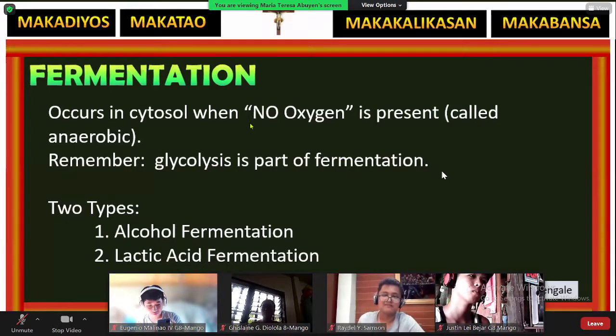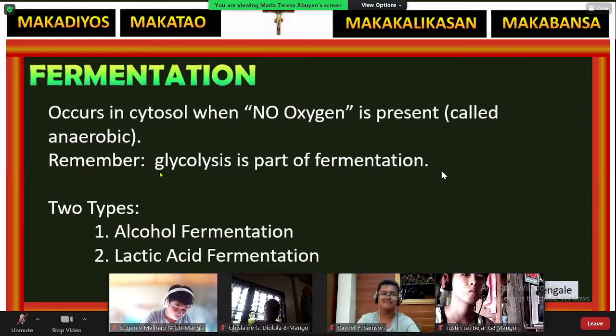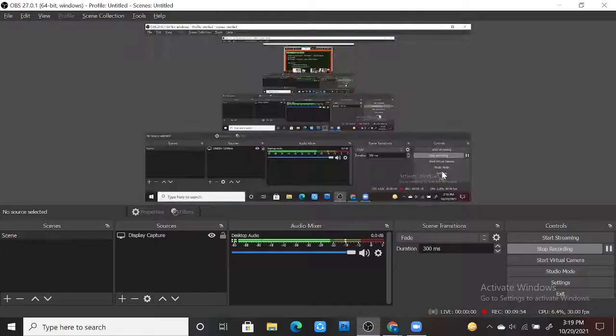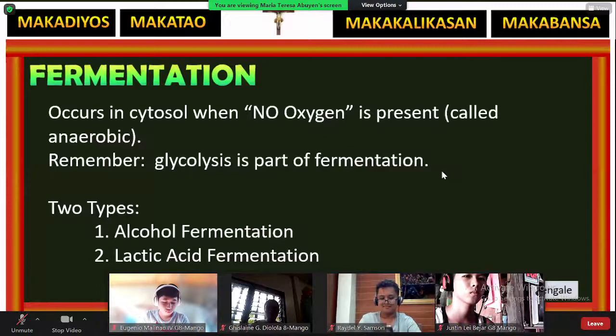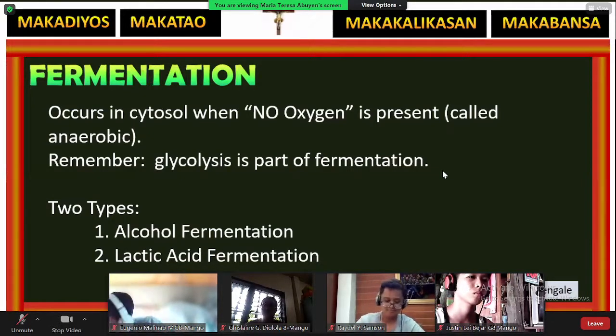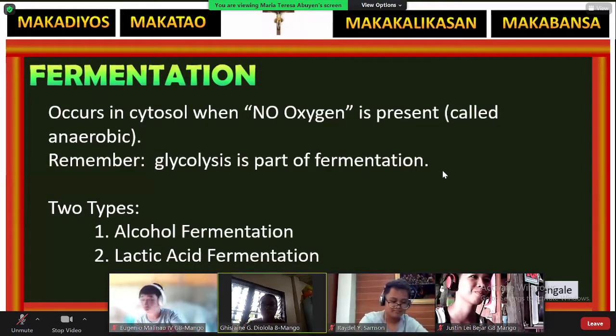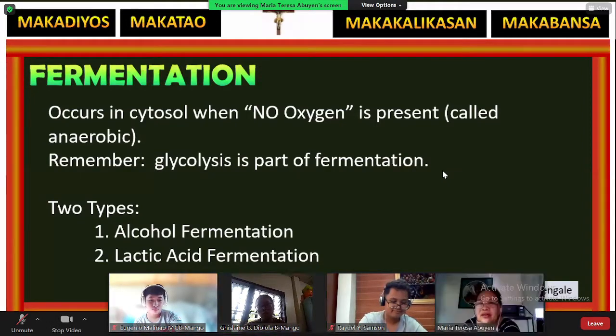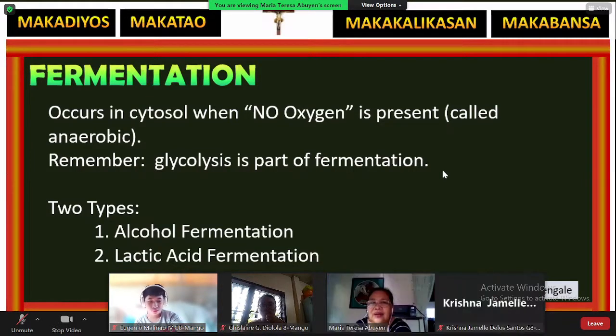Fermentation happens only when no oxygen is present inside the cell. Glycolysis is part of fermentation. Let me ask you now, is glycolysis aerobic or anaerobic respiration? Anaerobic. Very good.